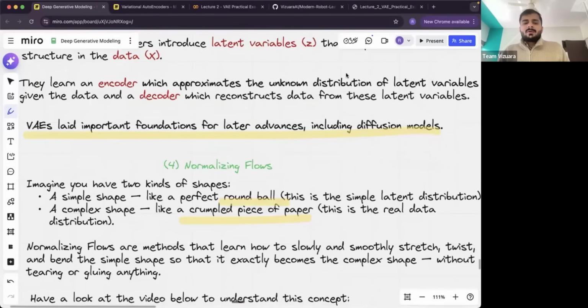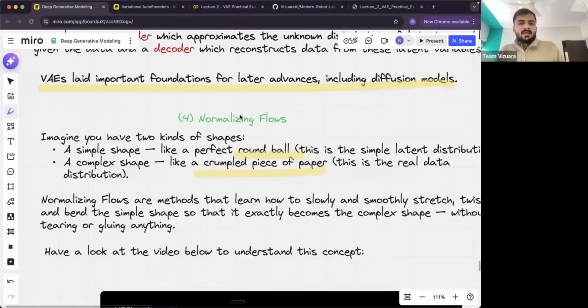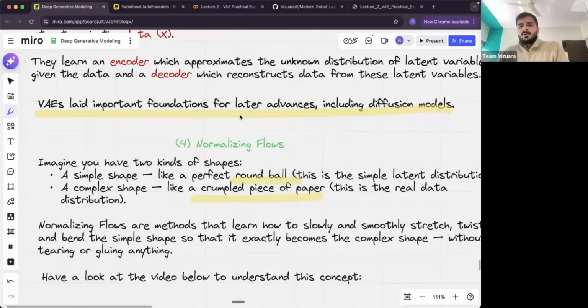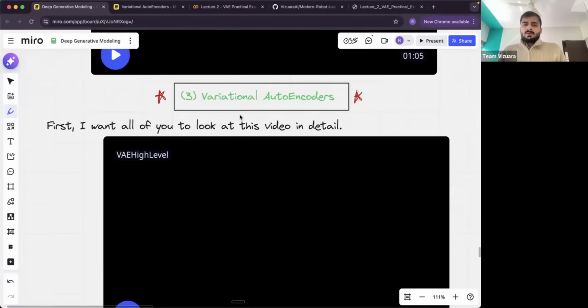And finally, we have normalizing flows, which is the fourth technique people use in deep generative models. I just expect you to be familiar with these names. I don't want you to understand all the nitty-gritties of all these deep generative models in detail. We will go into depth to understand variational autoencoders in the next part of this lecture.